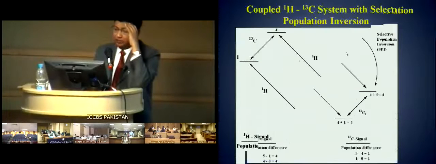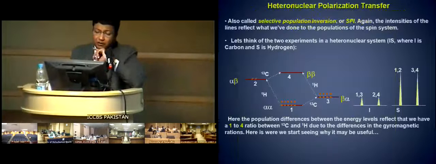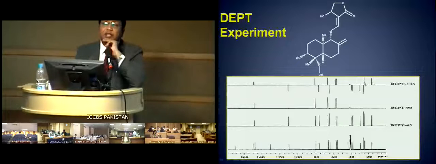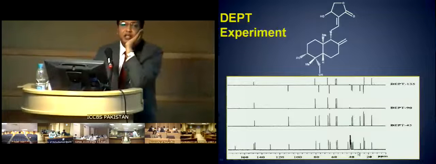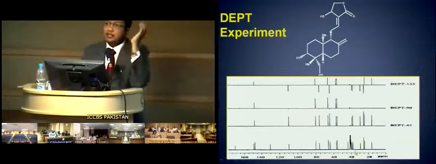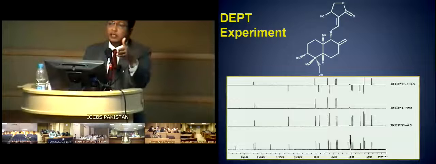Interpretation is extremely facilitated by the fact that now you can distinguish between quaternary carbons and CHs. This is a very clear CH2 domain, and then you can recognize the CH3. So you can interpret the whole result while you see singlets with sensitivity enhancement because of polarization transfer.